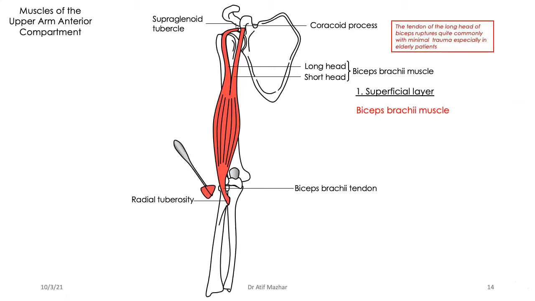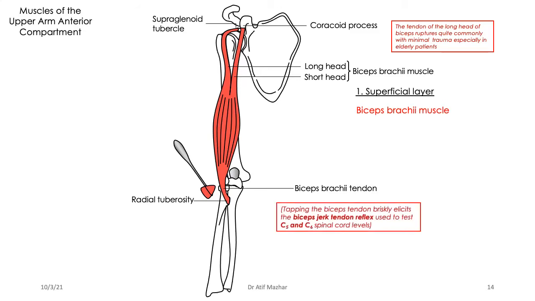And what are we doing? We are hammering it. This is a clinical test. When we want to elicit the biceps reflex, when your patient is undergoing any neurological examination, the doctor taps it. It's not a hammer. It is called a hammer, but it is made up of rubber.